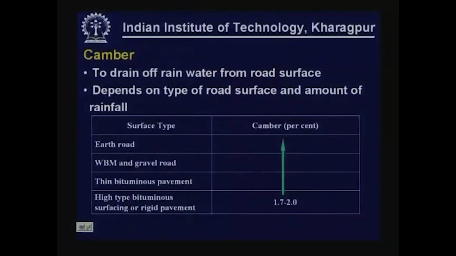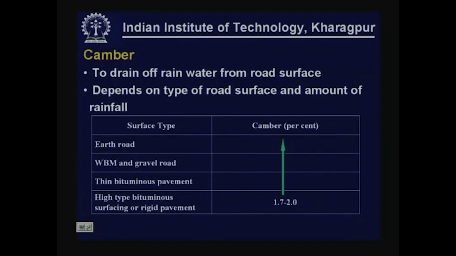The rainwater during monsoons should be drained off immediately from the carriageway. It is essential to drain off the water from the road surface to keep the pavement in good condition. So, to drain off the water easily and in a faster manner, there is a cross slope which is provided, and it is known as camber.